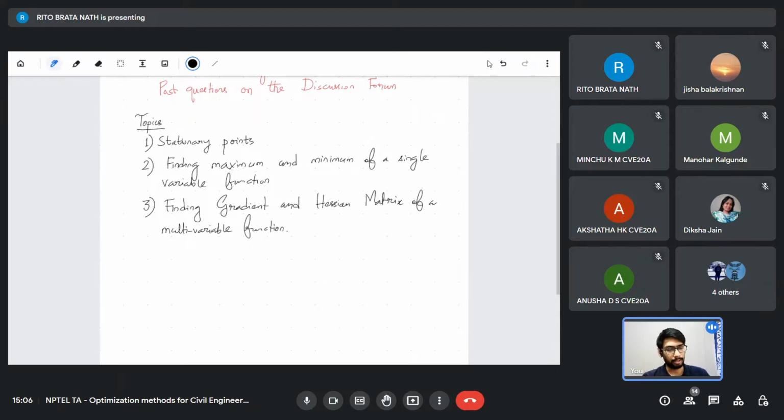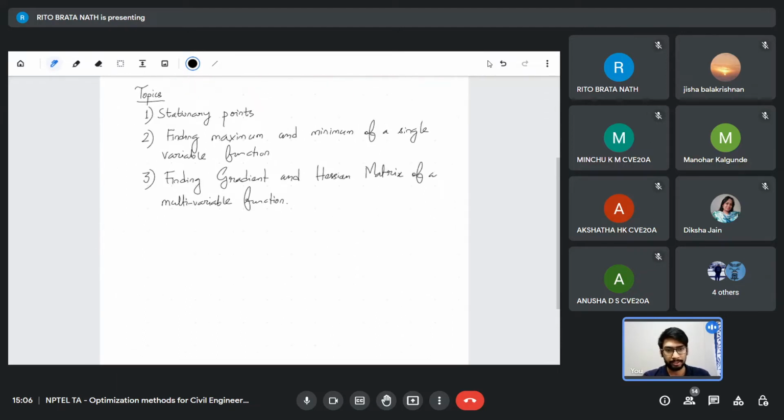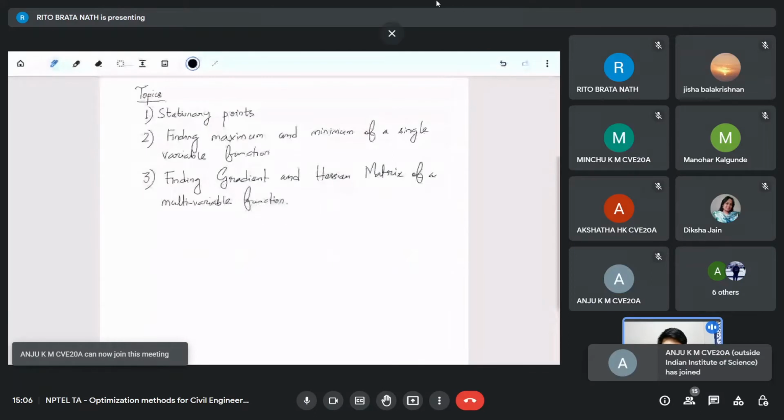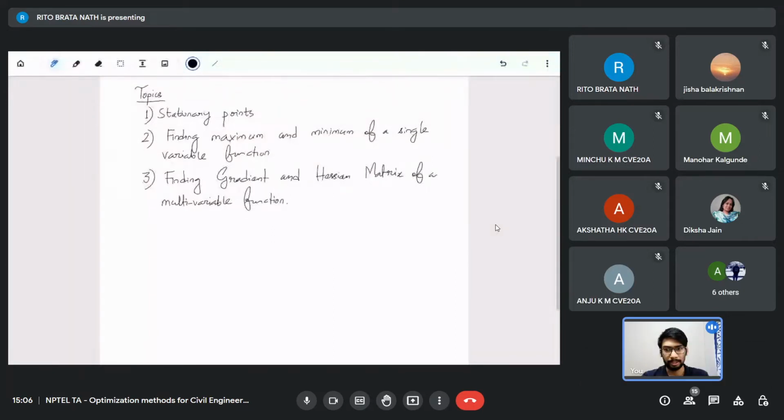I'll try to cover these three topics, give you some examples, and solve some problems related to them. I hope that you have already gone through the lectures and already know this, so I won't be going into the concepts directly, but whenever I solve a problem, if you have doubts, you can ask me.